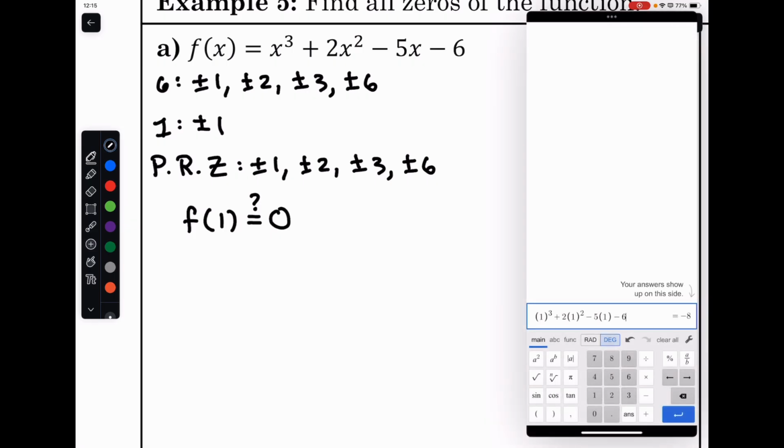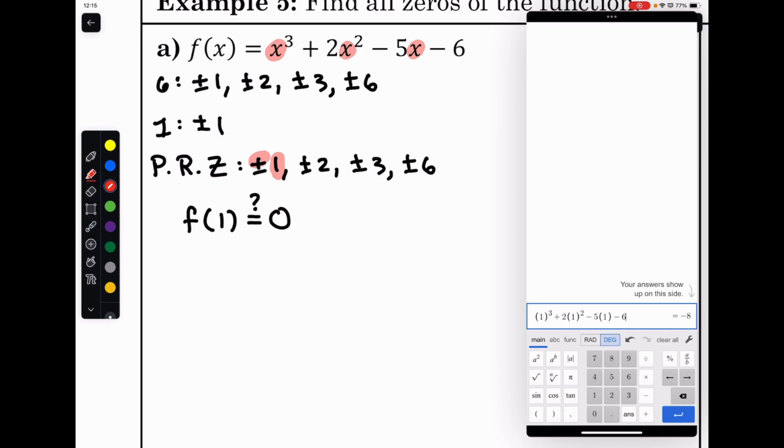Okay, so I'm going to start, as you see right here, on my calculator. I'm not using the graphing one, I'm just using a regular scientific calculator. I've already replaced all of these x values with a number from the list. I started with positive 1.